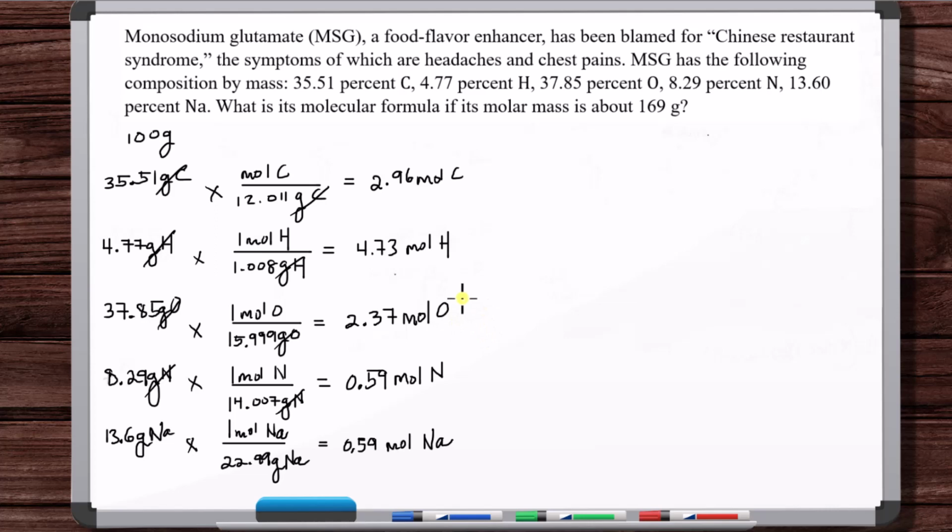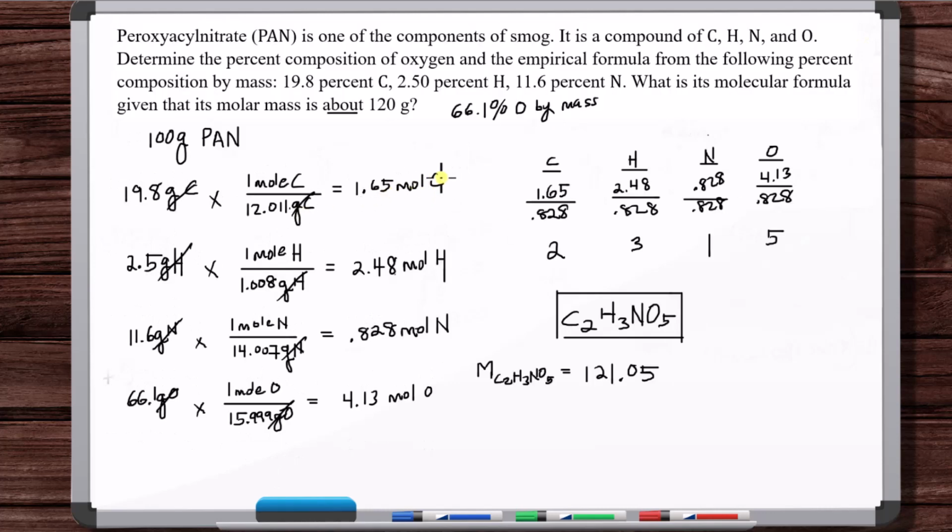All right. So in 100 grams of this MSG, we have this many moles of each of these atoms. And actually, the more I'm thinking about it, at this step we could determine the percent by atom.